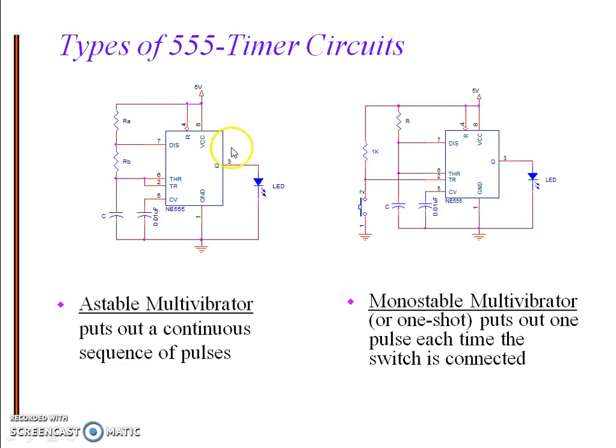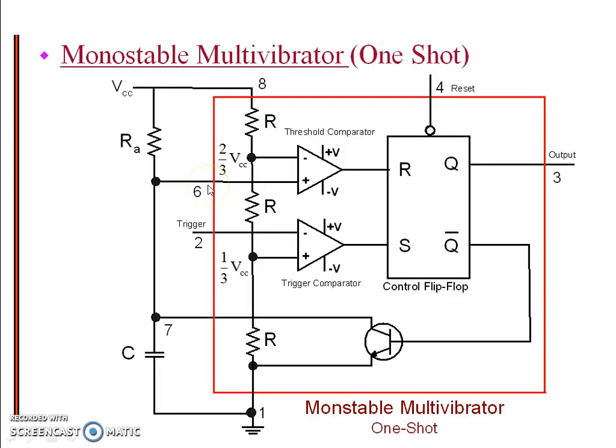Now if we connect the 555 timer as an astable multivibrator, the circuit diagram will be like this, and if it is connected as a monostable multivibrator, the circuit diagram will be like this. Today we will discuss the astable multivibrator.